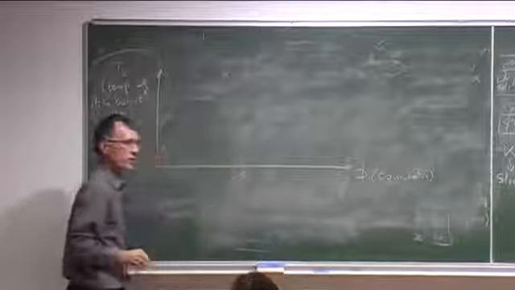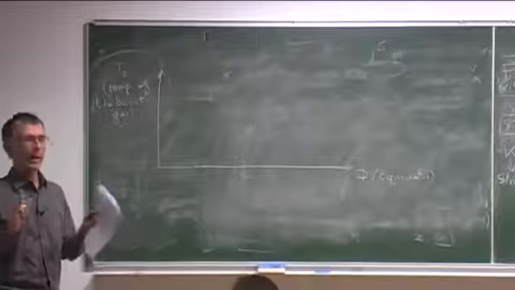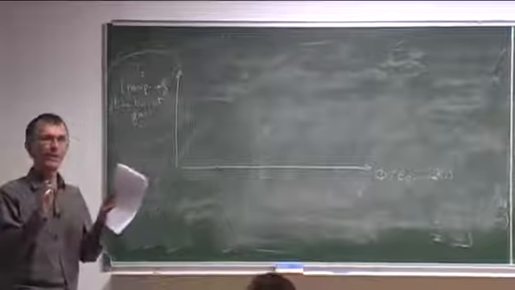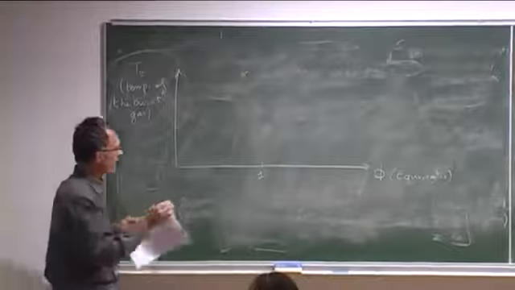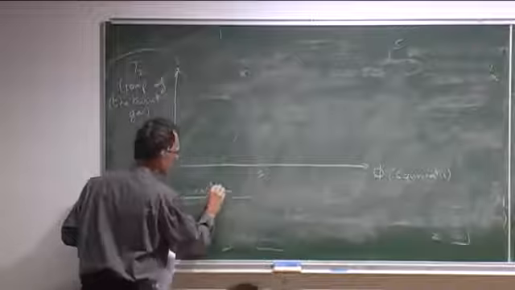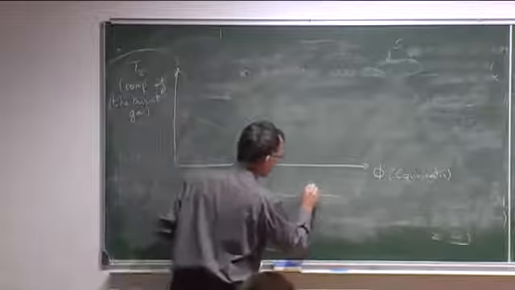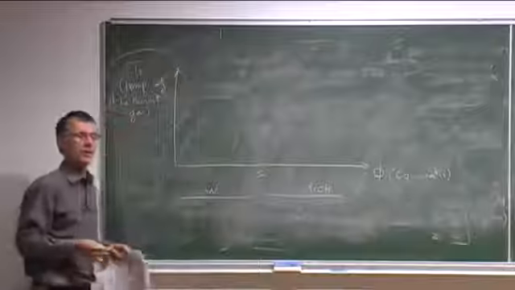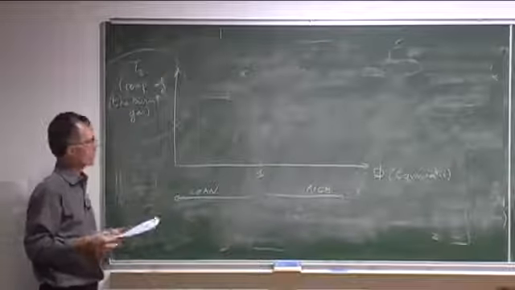Equivalence ratio equal to unity is here. This is when you're just stoichiometric. And remember, everything I've done in the last 2 hours was for very lean flames. What does lean mean? Lean means you have to be on this side. These are lean flames. And here you have rich flames. So I've been working very close here to the leanest cases I can do.